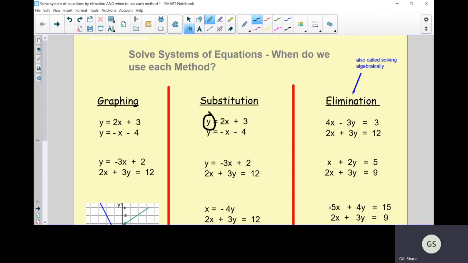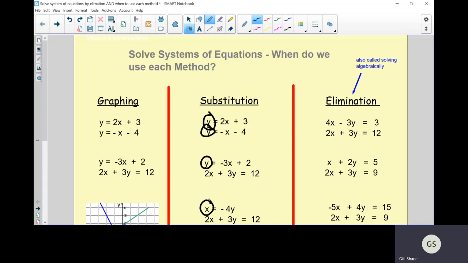So if you'll notice, we have y all by itself in both of those equations. Down in this particular system of equations, we also have y all by itself. Down here, we have x all by itself, but we still have one of the variables all by itself. That's when it's really easy to use substitution.